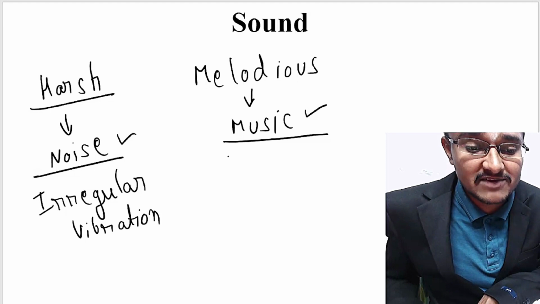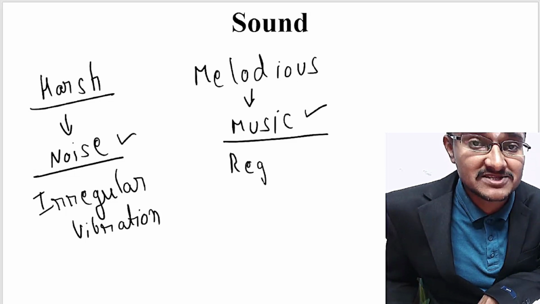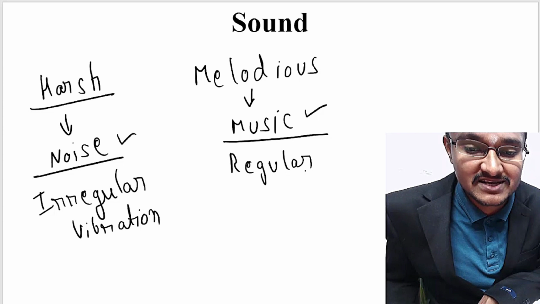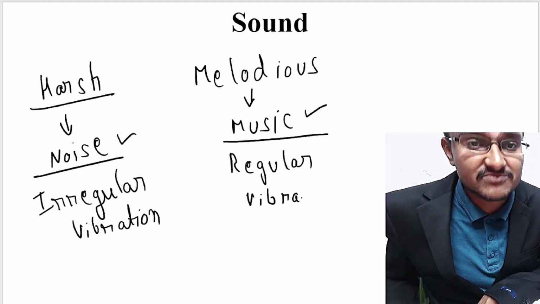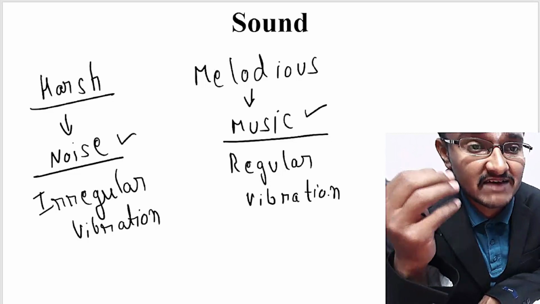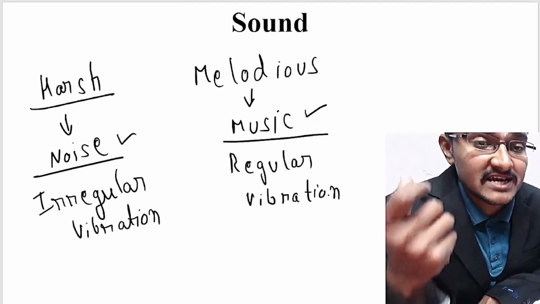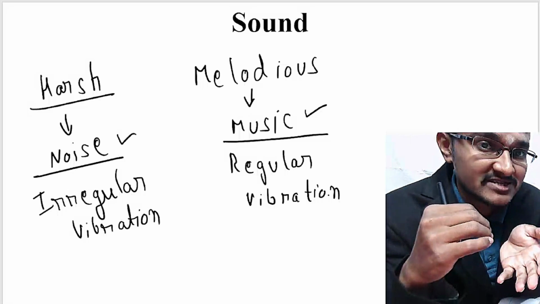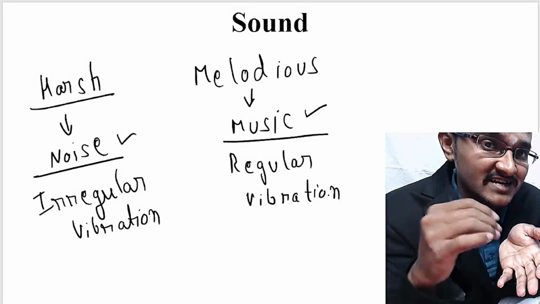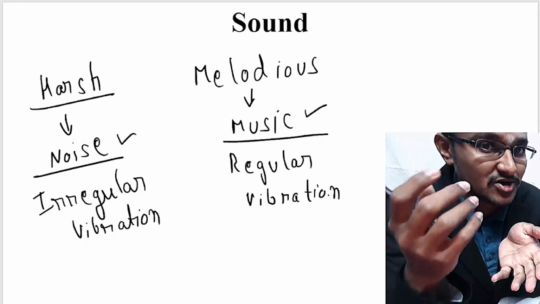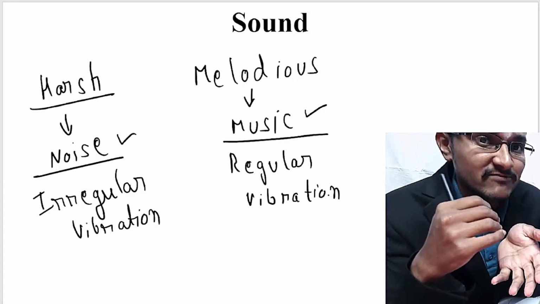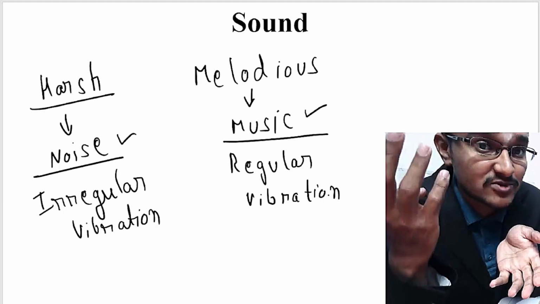Only when there is regular vibration generated from a particular musical instrument can we hear melodious music. A person who doesn't have any music knowledge, if he plays a musical instrument, the vibration it generates will not be melodious, because he generates irregular vibrations because of lack of music knowledge.